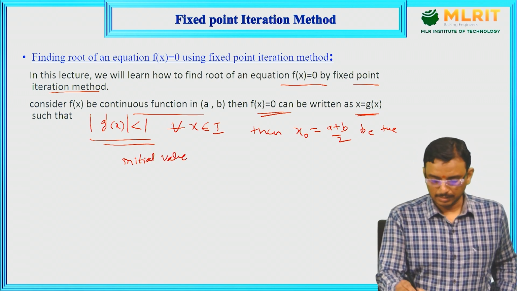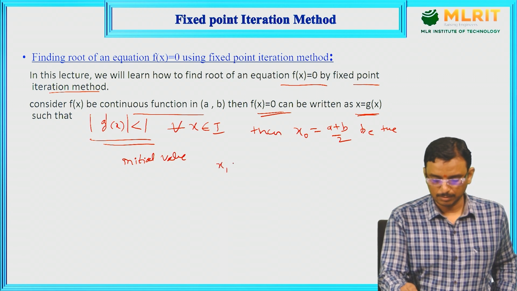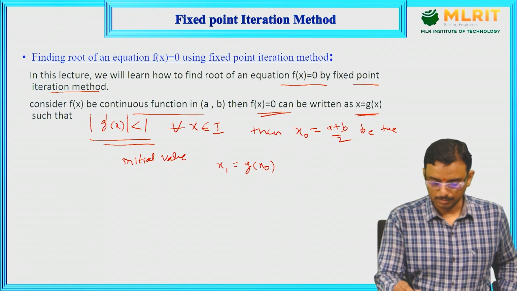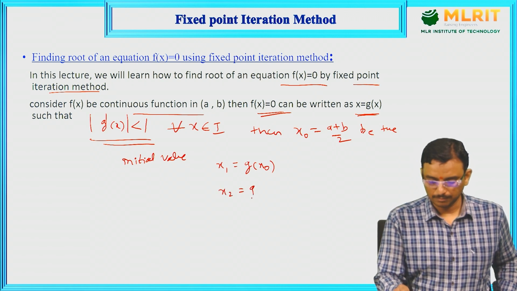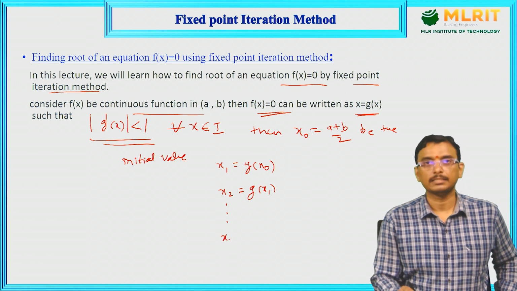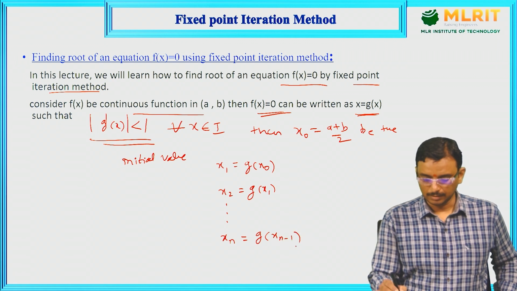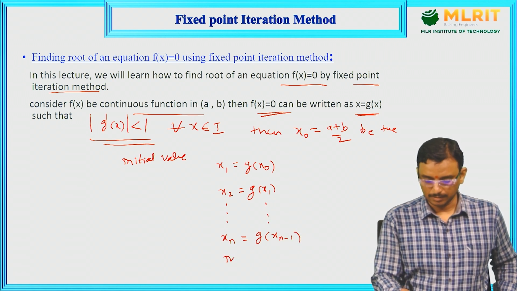And for the next approximation of the root, we take x1 is equal to g of x naught, and x2 is equal to g of x1, and we can continue up to the nth iteration, xn is equal to g of xn minus 1.